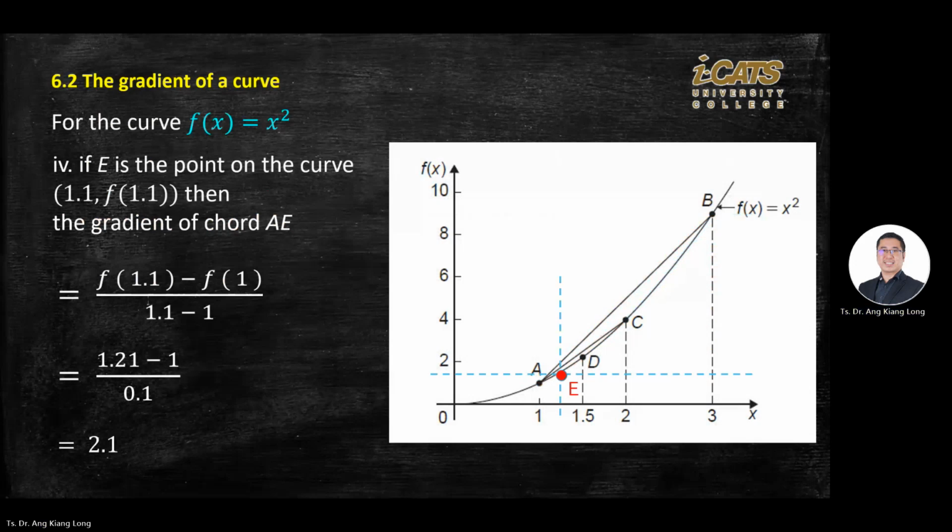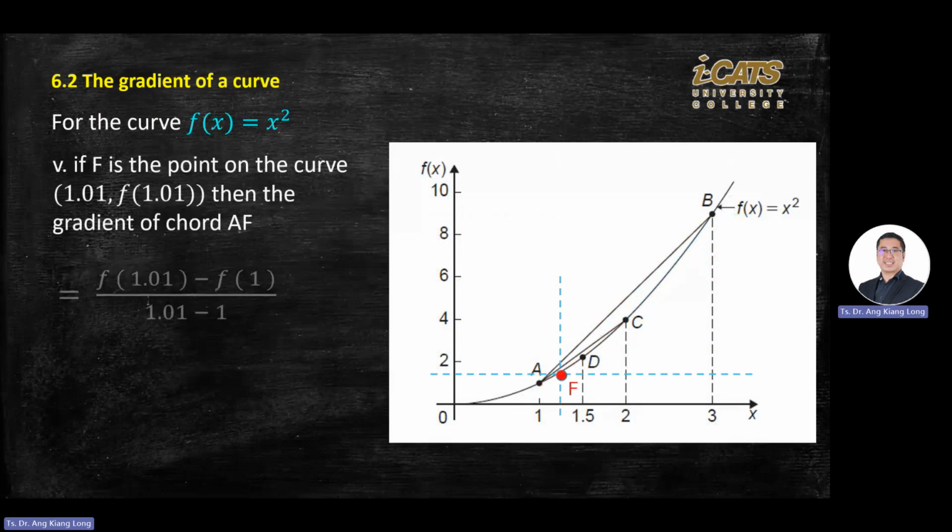On a quadratic curve, just now we had a long chord, which is A to B. Then we shorten the line: AB becomes AC, becomes AD, and the x difference becomes smaller and smaller. Then we get AE. What happened to the gradient? It becomes smaller and smaller.